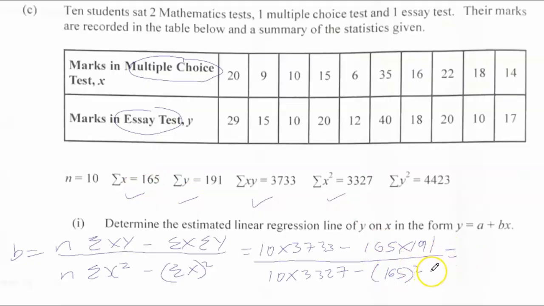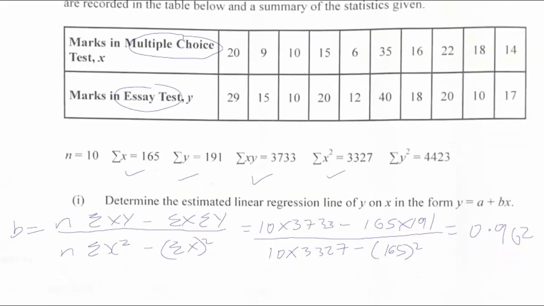And we can just enter this in our calculator, and we should get 0.962 if I'm using 3 decimal places.